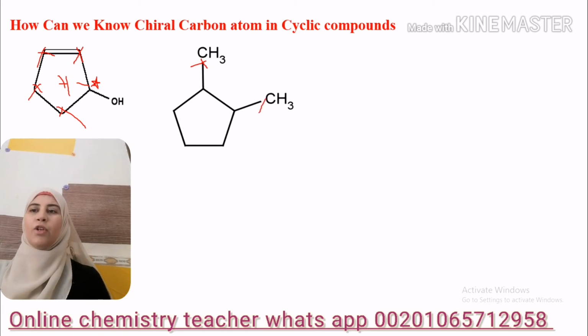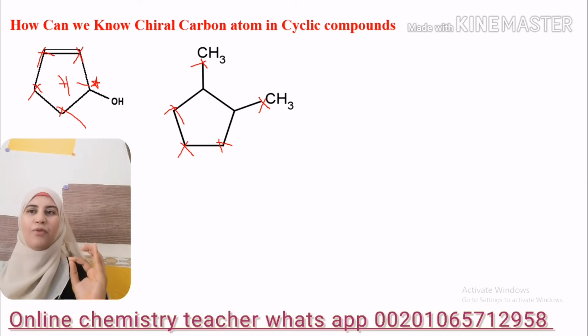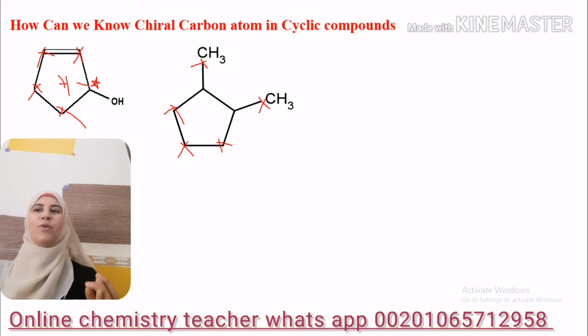Cancel. Third one, attached to 2 carbon atoms, so cancel. Attached to 2 carbon atoms, cancel. Attached to 2 carbon atoms only, cancel. We have 1 carbon atom attached to, at first, carbon, methyl, and we have another hydrogen. It is optically active. C star.